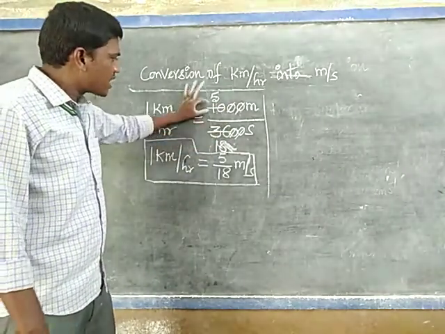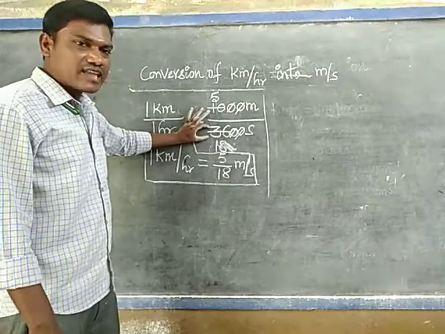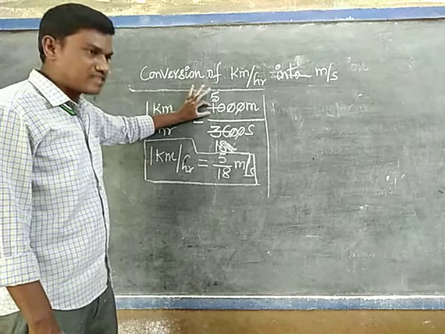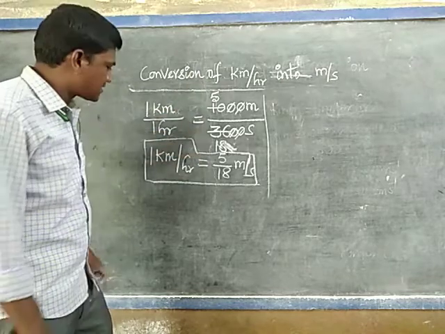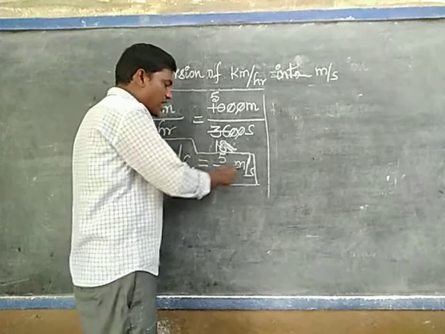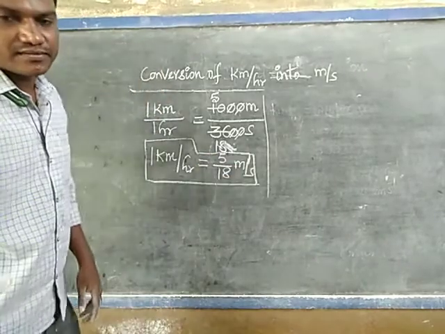The remaining terms are 10 and 36. With the 2 table, 2 5s are 10, 2 18s are 36. That's why 1 kilometer per hour is equal to 5 by 18 meters per second.